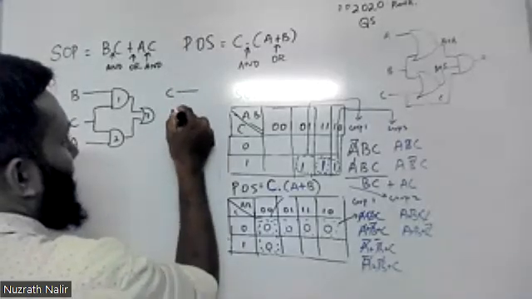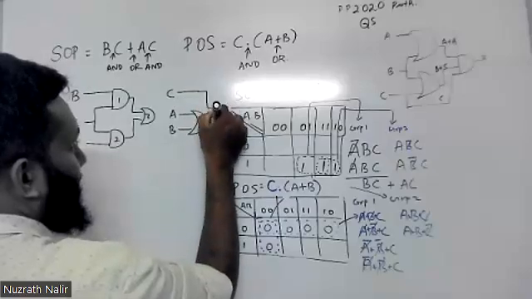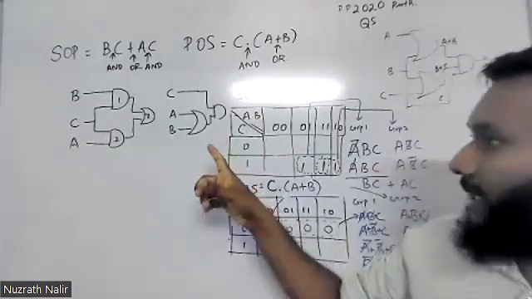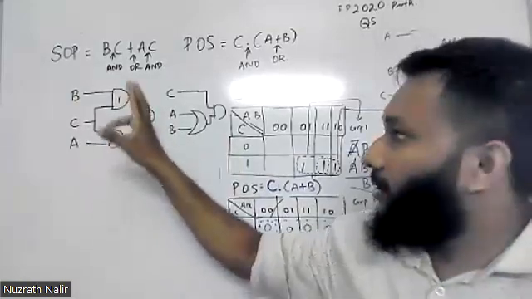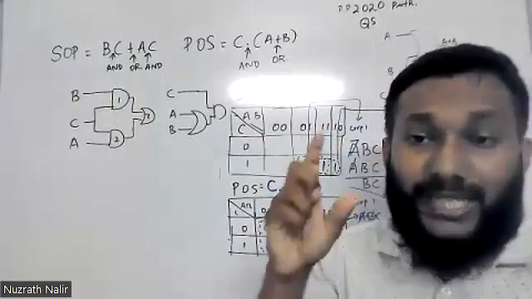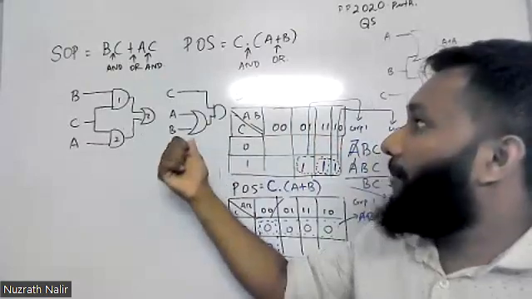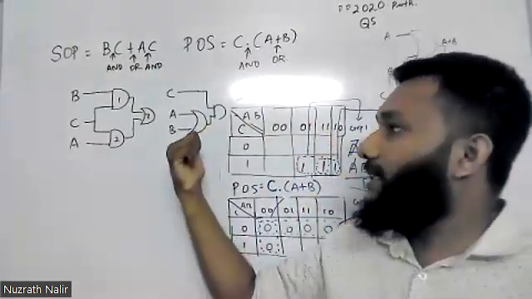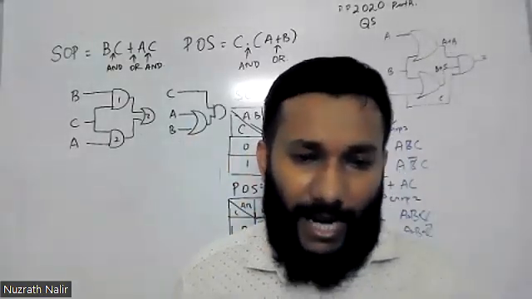A plus B. You got it? So now you can say what? Here in the SOP portion, we have to use 3 logic gates to make this circuit. But for the POS, you need only the 2. Therefore, this is a simplified logic circuit diagram.